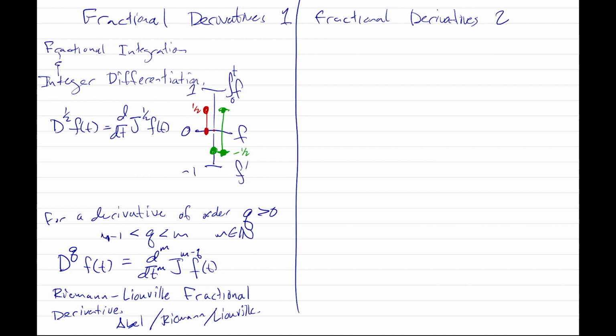Here we're going to swap it around. We're going to have integer order differentiation followed by fractional integration.